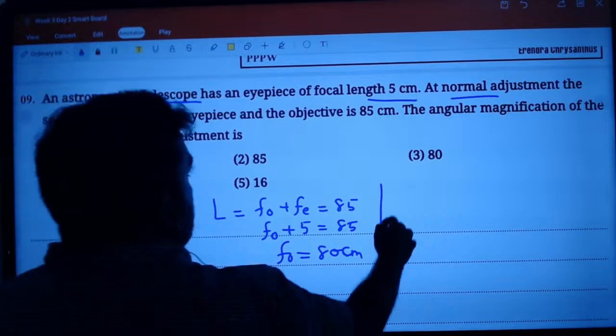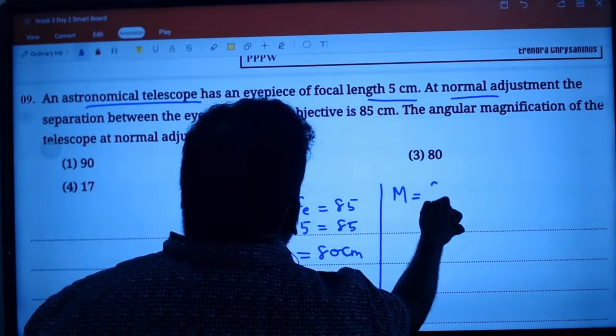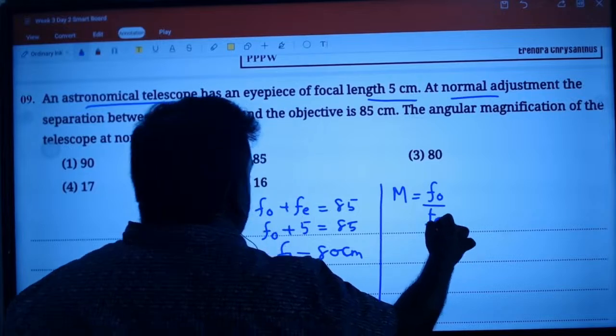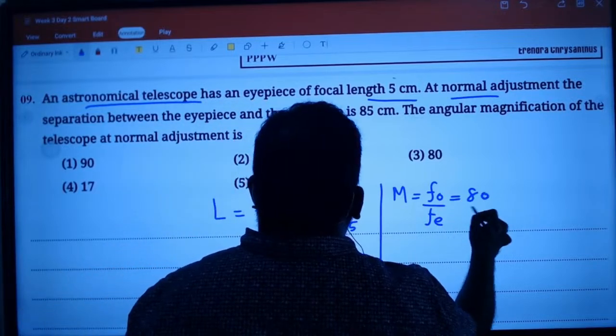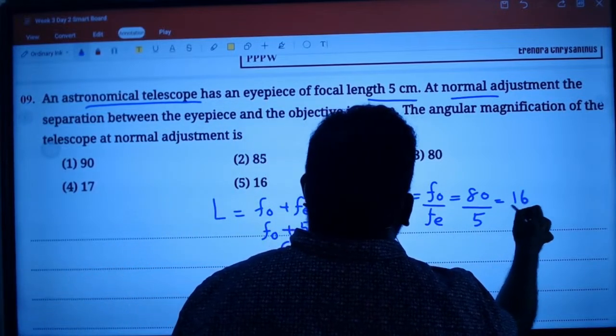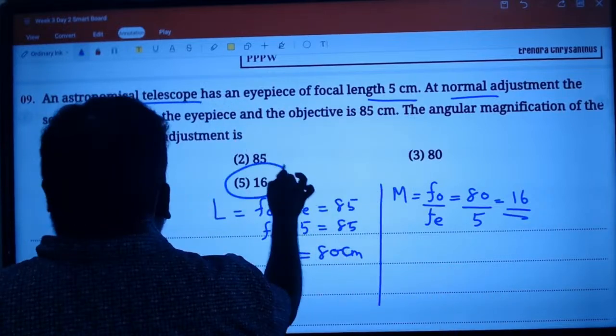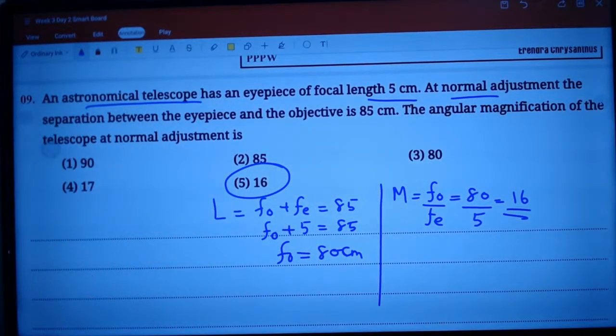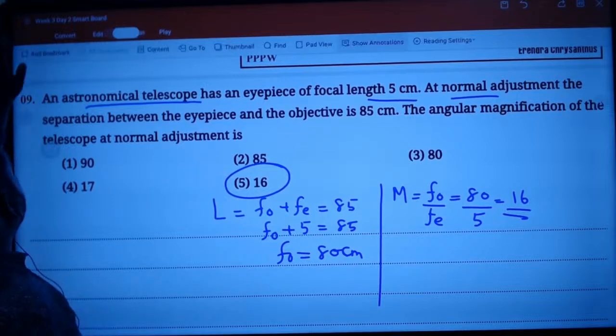They are asking the angular magnification, that's going to be f0 over fe. f0 is 80 divided by fe is 5. Correct answer is going to be 16. Angular magnification is 16.